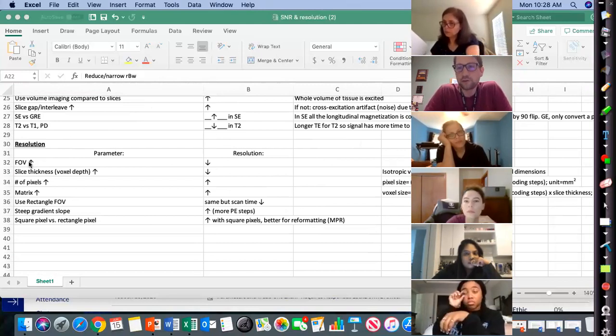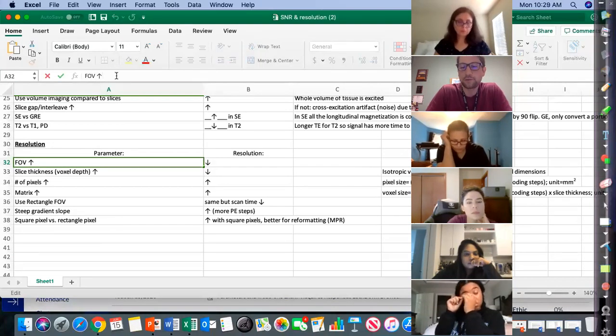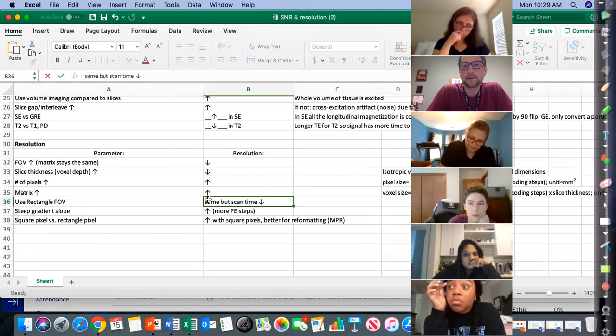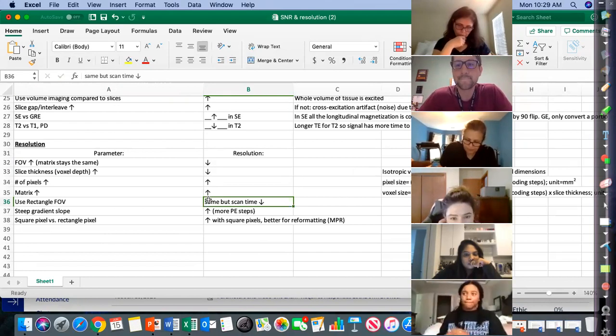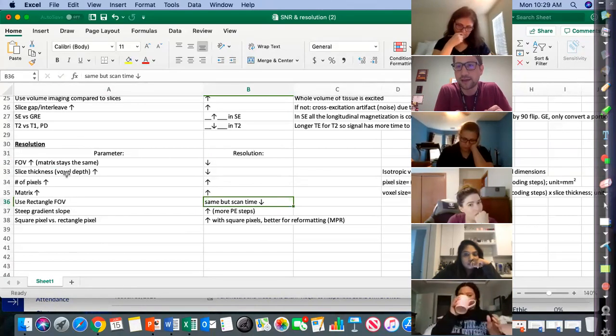If our field of view increases, but you have to put here, matrix stays the same, our resolution is going to decrease because our voxels are going to get bigger. If I increase my slice thickness, which is associated with the voxel depth, my resolution decreases.